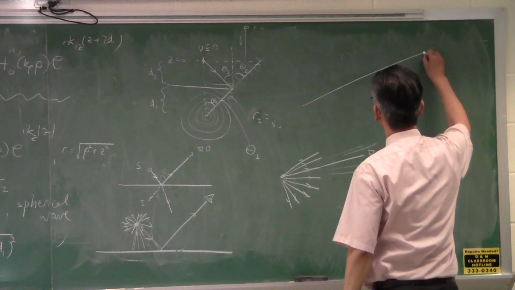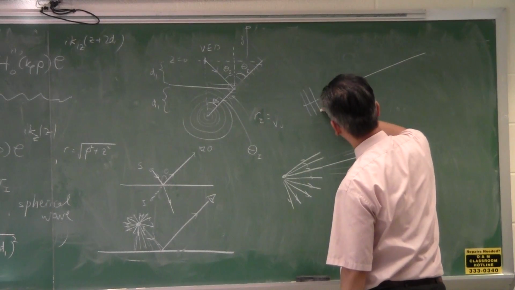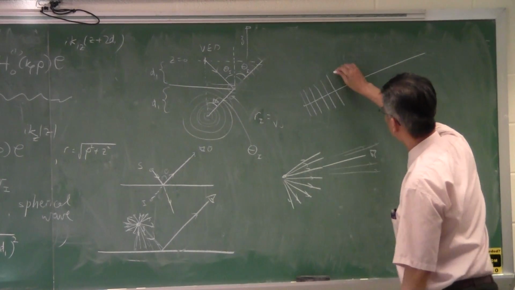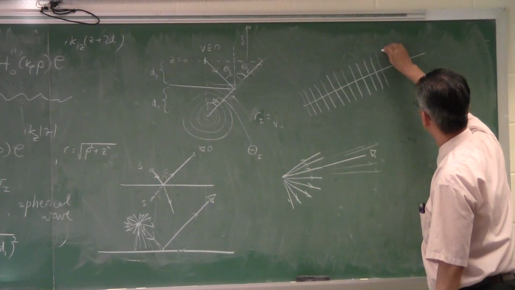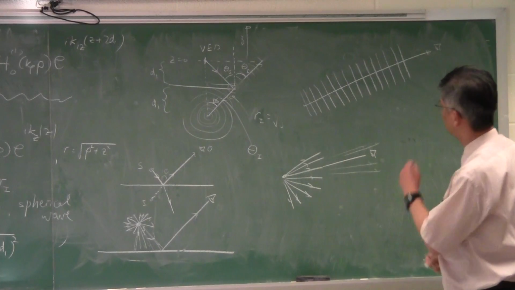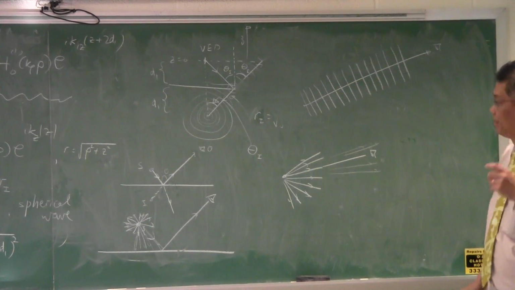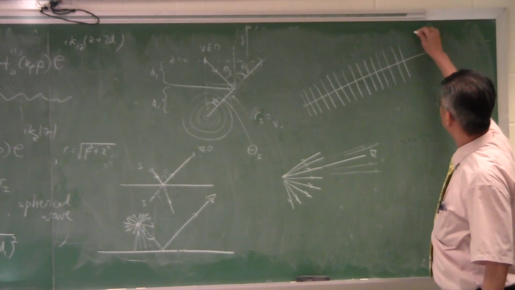I have a plane wave. The plane wave can be described by this picture over here. The constant phase front of this plane wave looks something like this. But it seems to me that this plane wave is being felt by this guy over here.